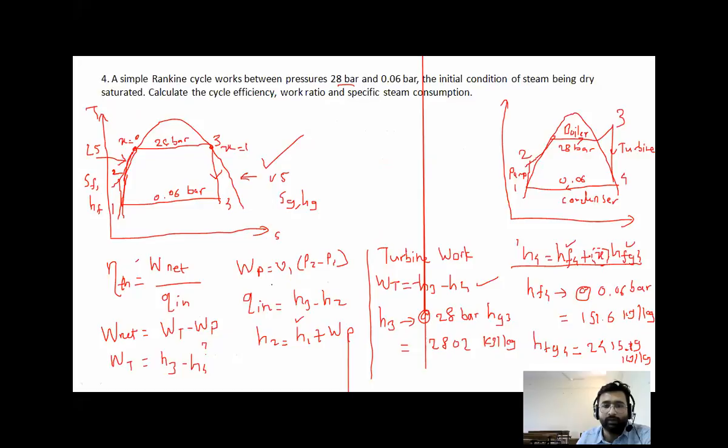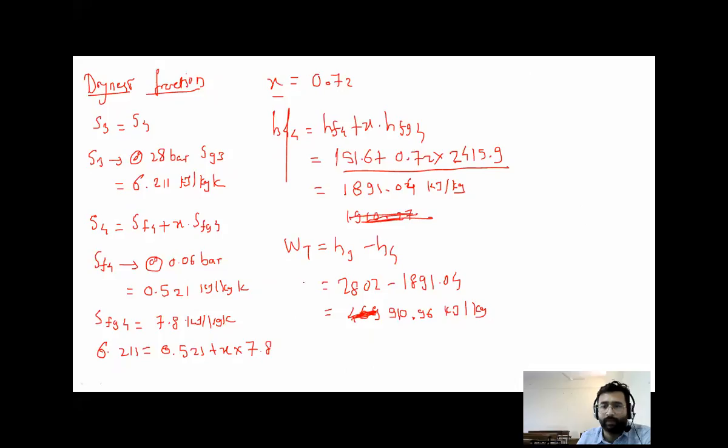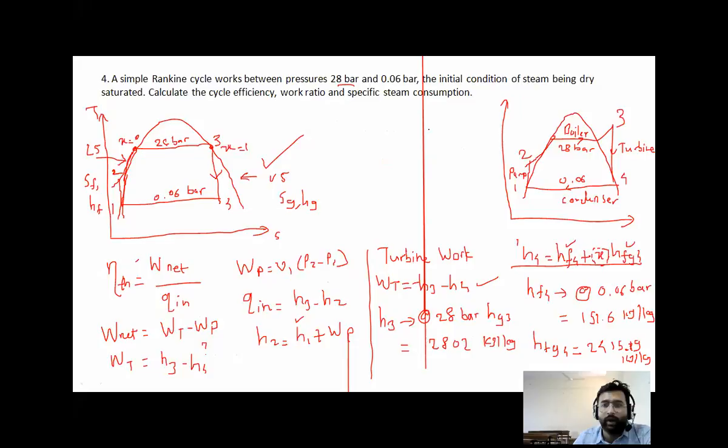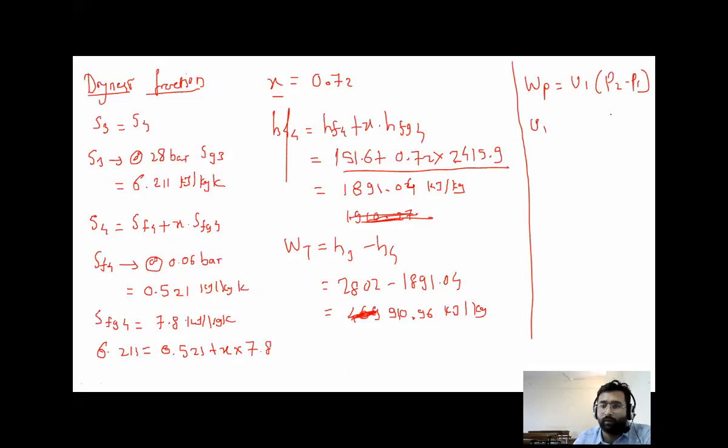Now next, what we have to calculate? Turbine work we calculated. Next, calculate the pump work. Now how to calculate pump work? Pump work is specific volume at point number 1 times P2 minus P1. Where is point number 1? Point number 1 lies on the liquid saturation curve. So that is why V1 will be VF1 at 0.06 bar.